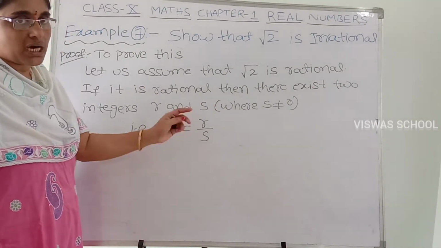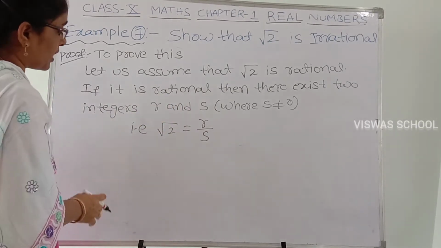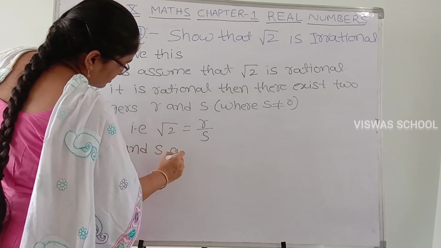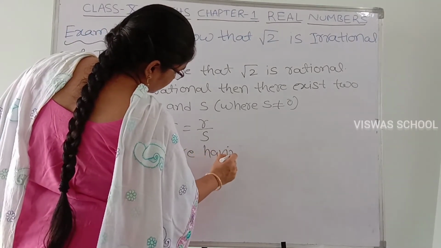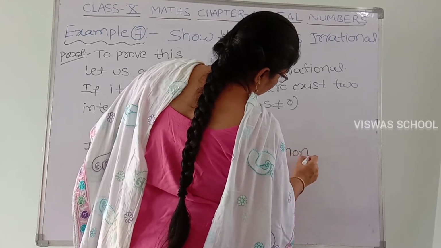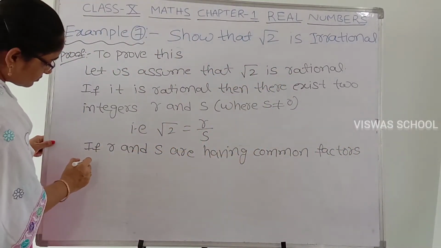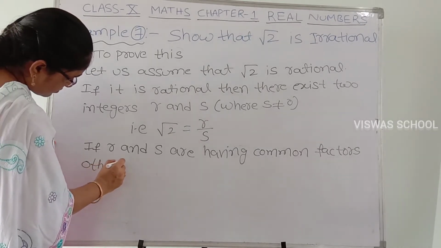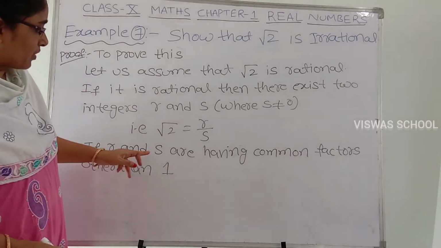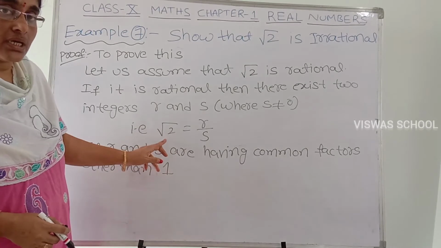That is, root 2 equals R by S. Here, if R and S are having common factors other than 1, then root 2 equals A by B.